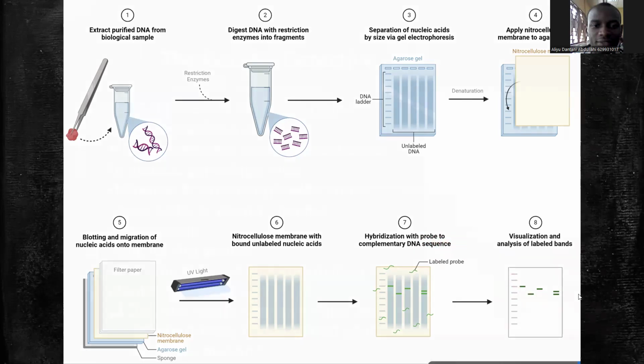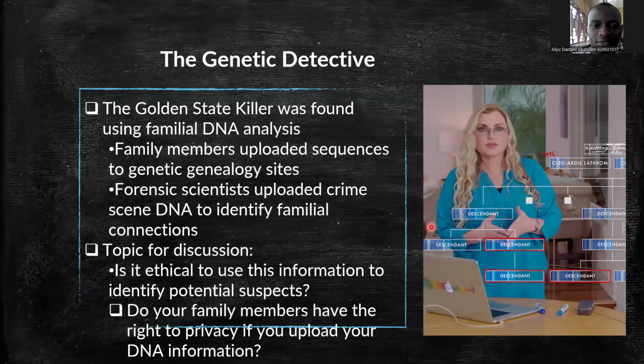All right. So the genetic detective, all right. The Golden State Killer, that's I think in America, or UK, I'm not sure where, but there's a serial killer they gave the nickname of the Golden State Killer, who was found using familial DNA analysis. So family members uploaded sequences to genetic genealogy sites online, right?